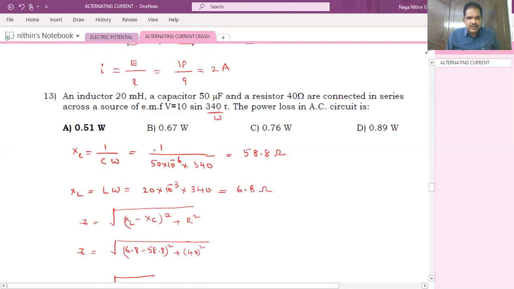VRMS is equal to, V naught is 10, so VRMS is equal to V naught by root 2. This will be 10 by root 2 volt.